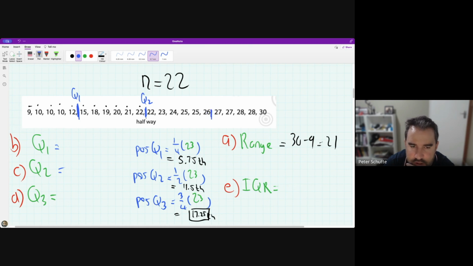So it should be here. So 12, 13, 14, 15, 16, 17. So it's going to be here. Now that doesn't give us the value, it just gives us the position. Let's see in the chat if anybody has answers yet.